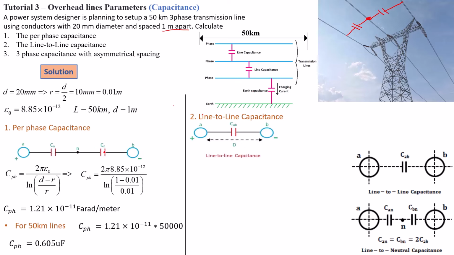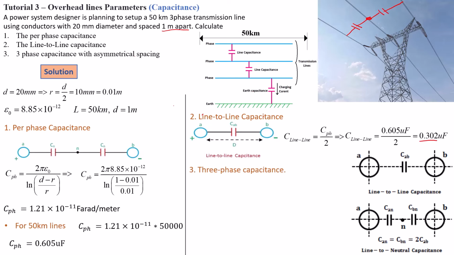We can just take the value we calculated for the per phase capacitance, divide it by 2, and that will give us our line to line capacitance. So the line to line capacitance is equal to C phase divided by 2, and that will be 0.302 microfarad. As simple as that, right?